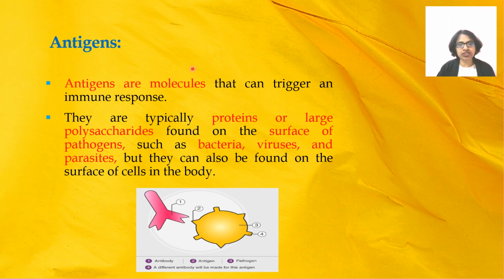Let us talk about antigens. Antigens are molecules that can trigger an immune response. Antigens are foreign materials which can trigger our immune response. They are typically proteins or large polysaccharides found on the surface of pathogens. Where can these antigens be found?